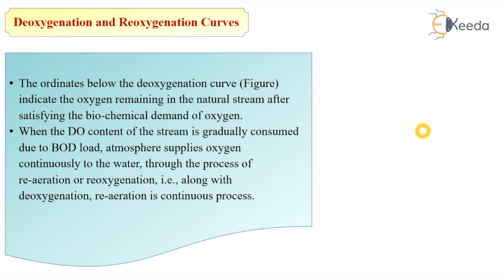When the dissolved oxygen content of the stream is gradually consumed due to BOD load, the atmosphere supplies oxygen continuously to the water through the process of re-aeration or reoxygenation. That is, along with the deoxygenation, re-aeration is a continuous process.